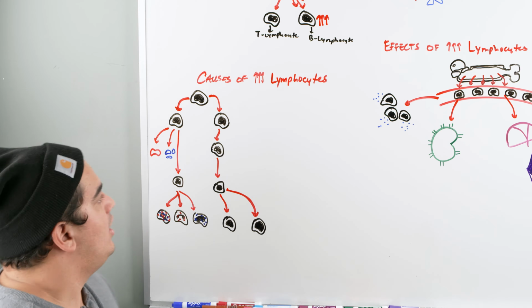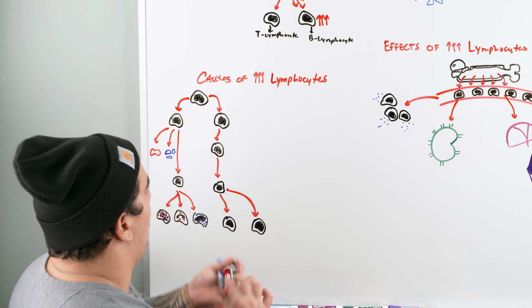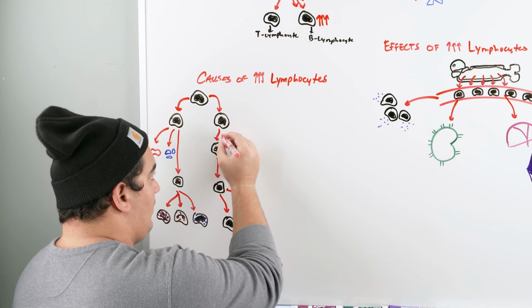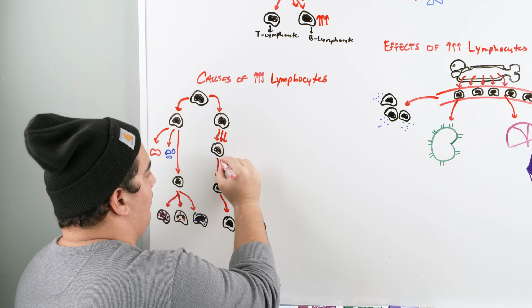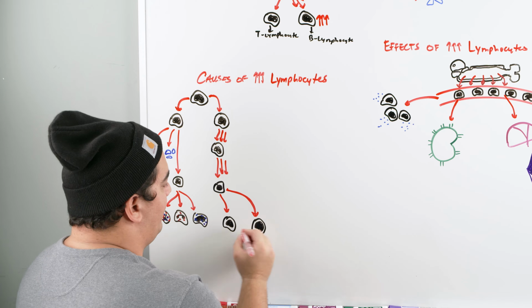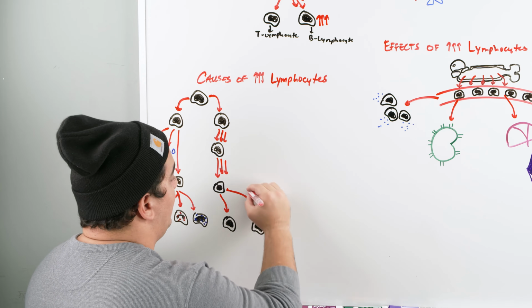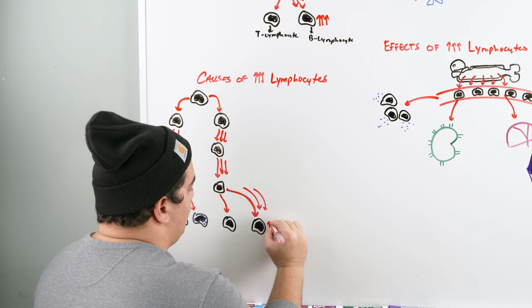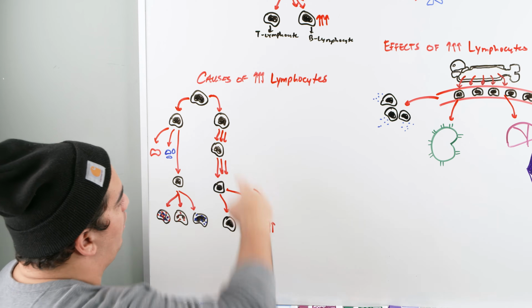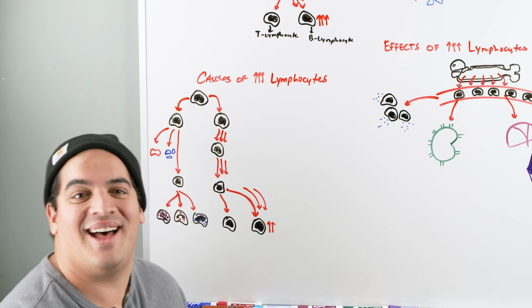And that's really interesting. I know that I have the lymphoid stem cell making lots of lymphoblasts, making lots of prolymphocytes, and lots of prolymphocytes funneling in and making tons of these B lymphocytes. But the reason why this happens, not a clue.